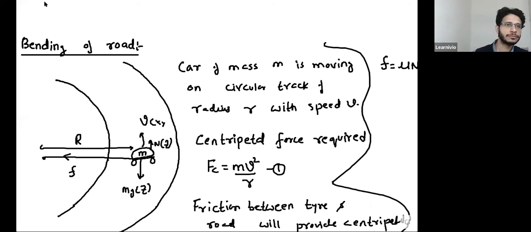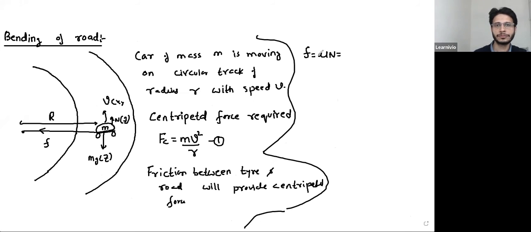So N is equal to mg. That's your friction, mu mg. The body is not sliding.